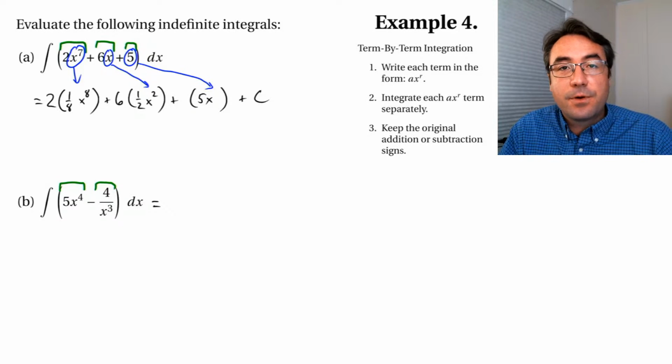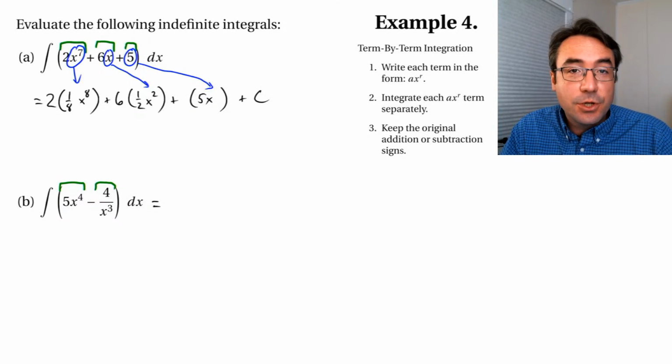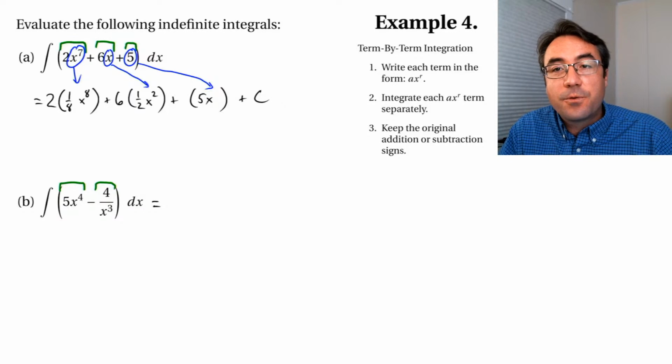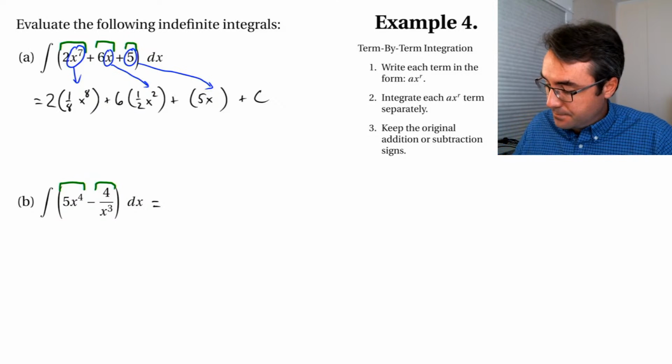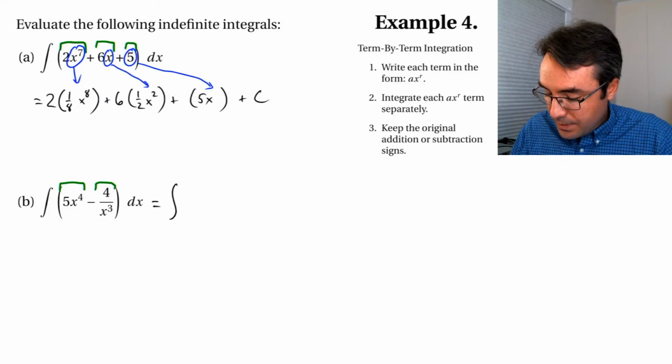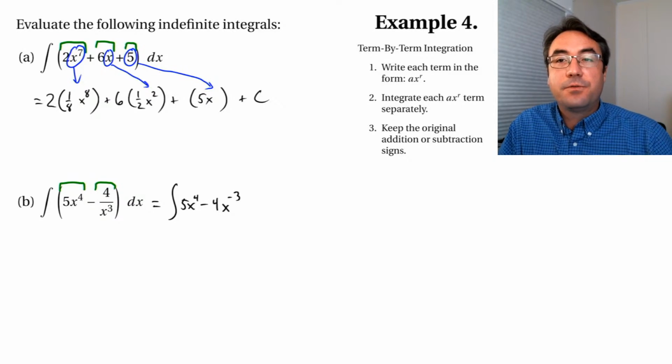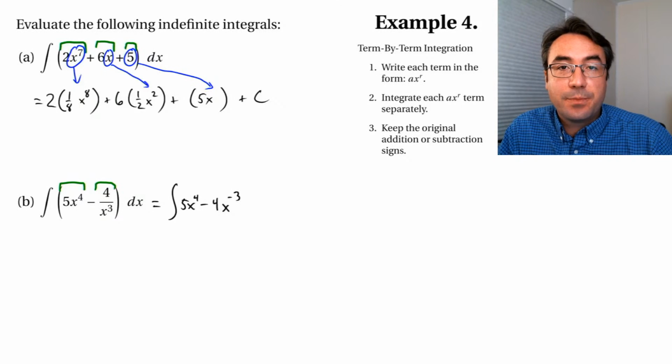So that 5 times x to the 4, that's good, but it's that 4 over x cubed, which we might need to do a little bit of work with before we can integrate it. And that's really where our work is going to come in, by just writing that as 4 times x to the negative 3 power.